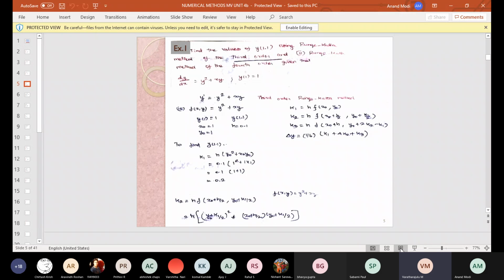Anand Modi, please give F5. Enable editing and then give your F5.